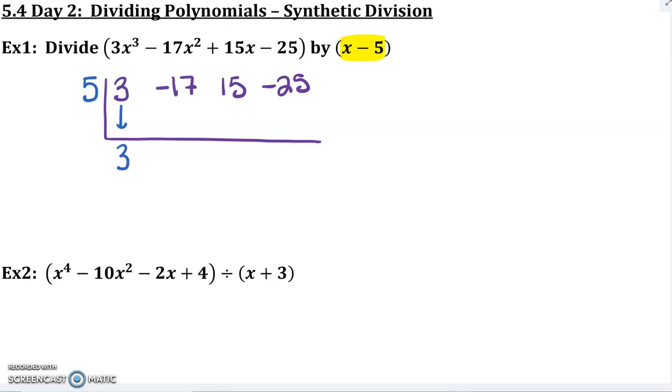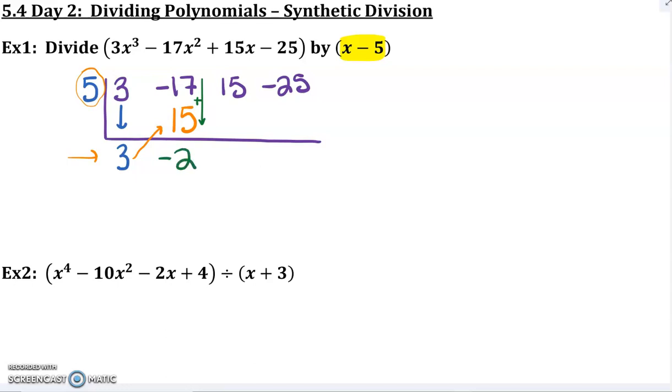We are going to multiply the 5 with whatever number is on the bottom and write that number up in the next spot. So what is 5 times 3? 15. We write that here. Then we add these numbers together. Negative 17 plus 15 is negative 2.